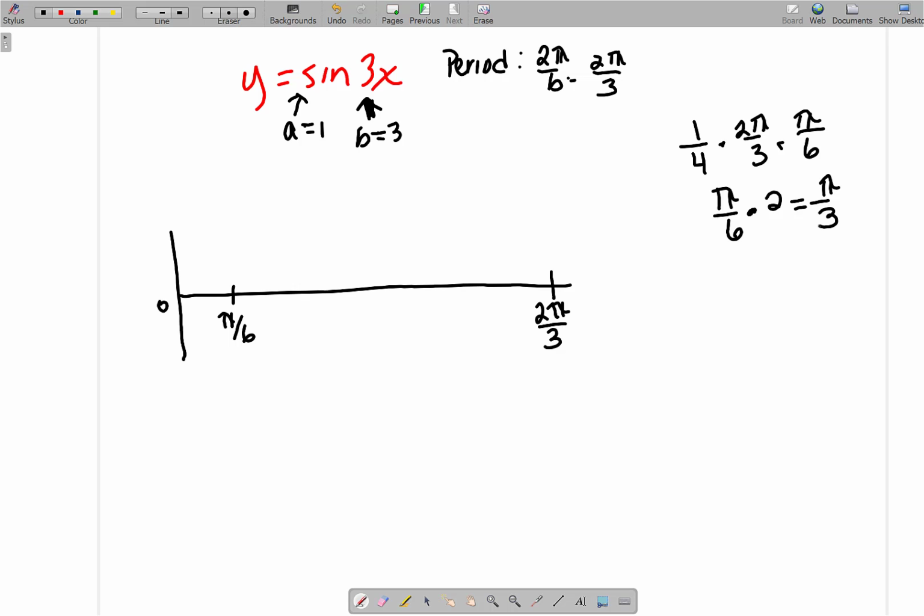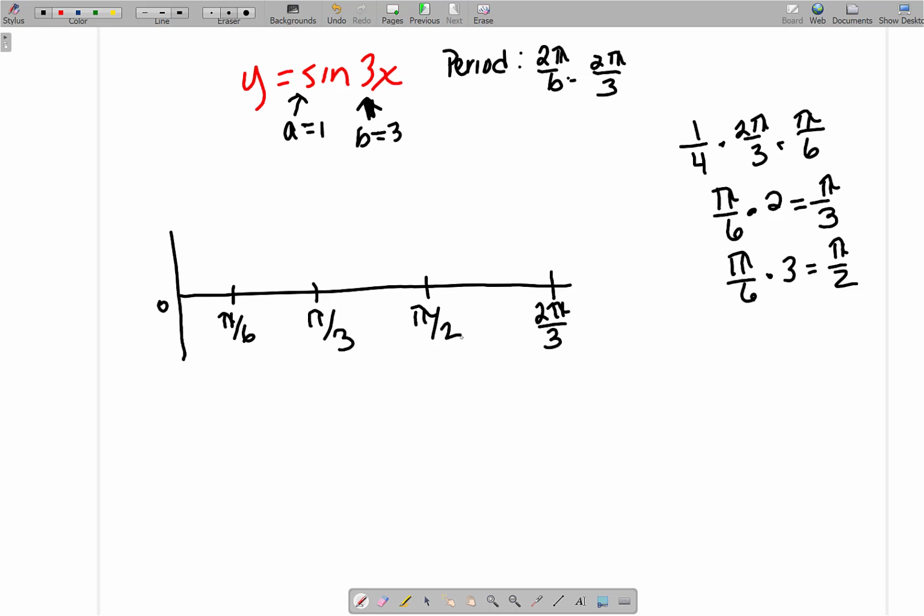That is your next point, pi over 3. Then you can again take your pi over 6, your first quarter point, and times it by 3, and you get pi over 2, and that will be your point between these two. Okay, so those are our 4 points, as strange as they look.